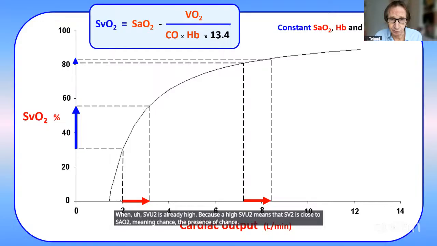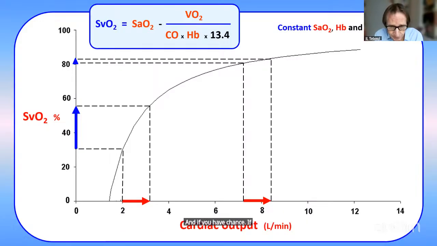And if you have shunt and you increase cardiac output, this will increase the flow in the shunt and not necessarily increase the flow around the tissues. So probably when you have a high SVO2, it is not worthwhile to increase cardiac output.